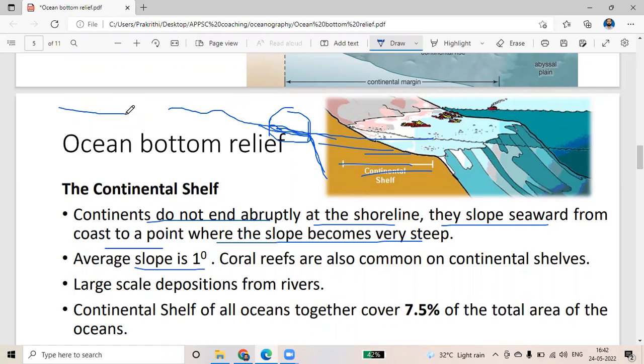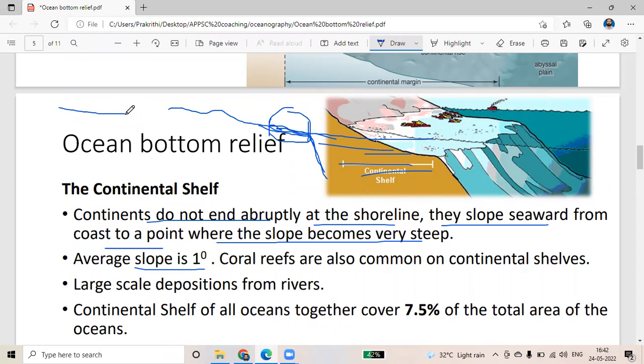That is the land's extension towards the ocean. That usually represents the continental shelf region, and it provides a lot to the economy also. It is very useful for the economy because fishing can be done there and minerals can be extracted from there.